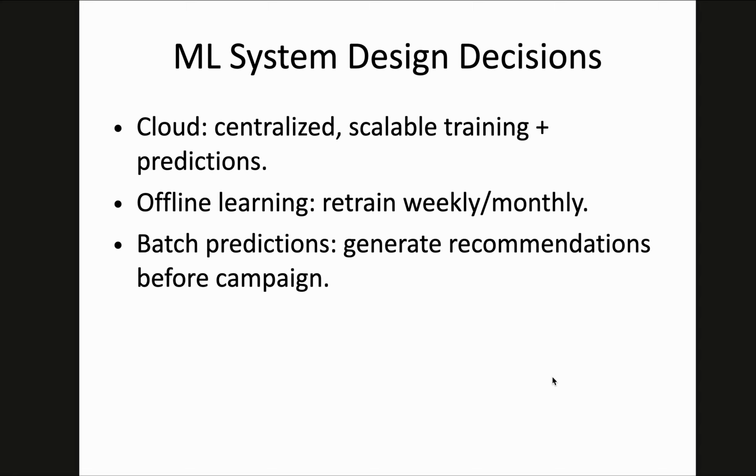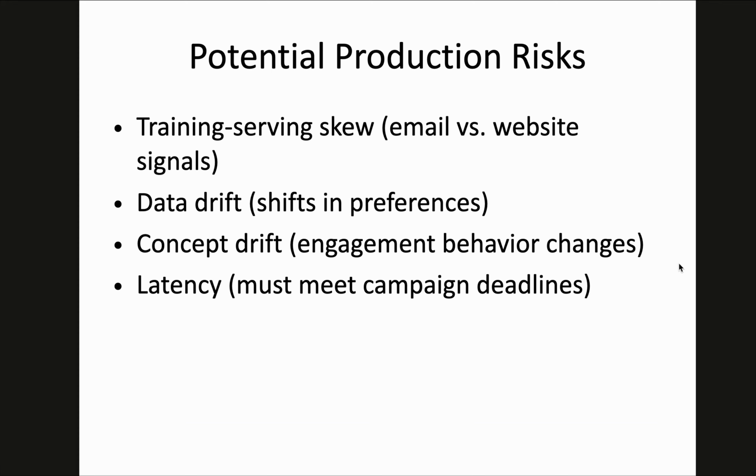And then I'm choosing batch predictions just because we need to generate recommendations before the campaign, and there is no need for real-time predictions here. I'm going to touch base on that part later.